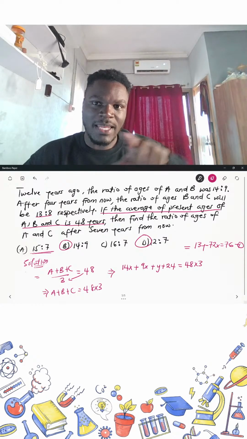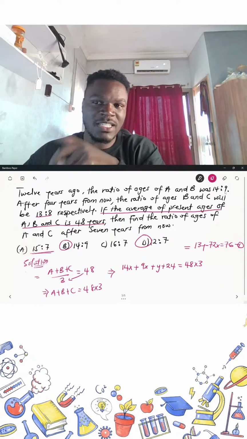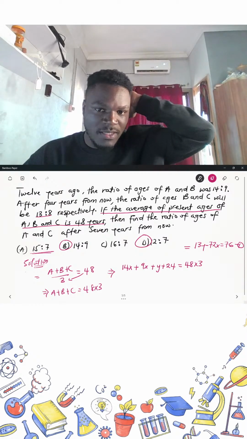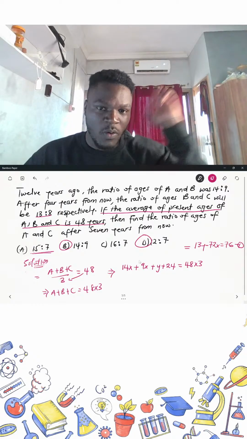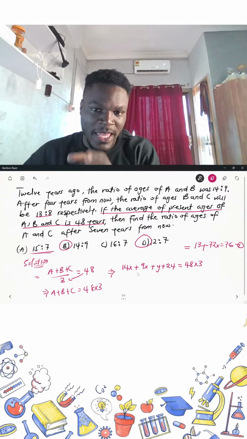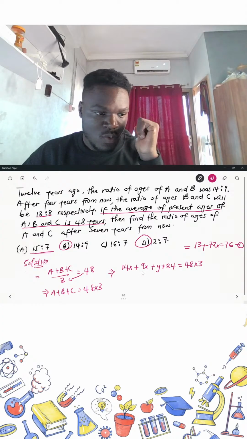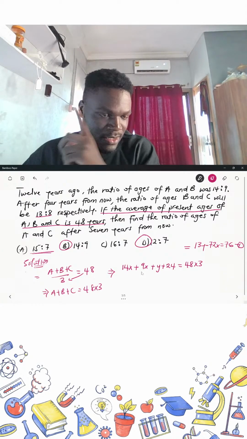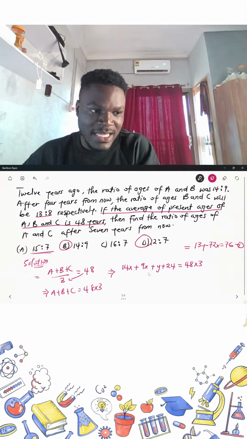But the A and B, which is the 14 and 9, is the age 12 years ago. So the age 12 years ago for A will be 14x plus 12. The age of B 12 years ago will be 9x plus 12. Then plus the current age of C, which is y, and that will give us 48 multiplied by 3.